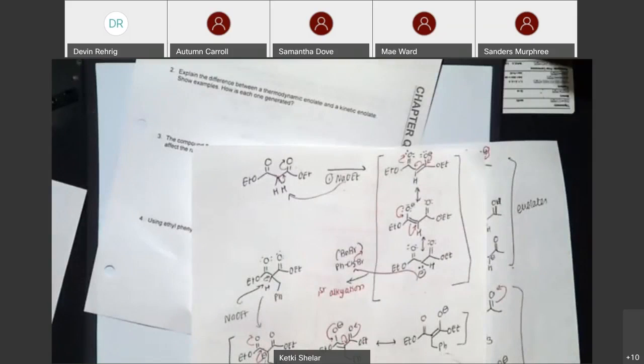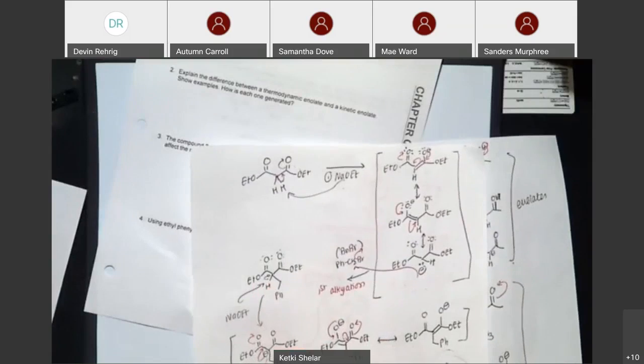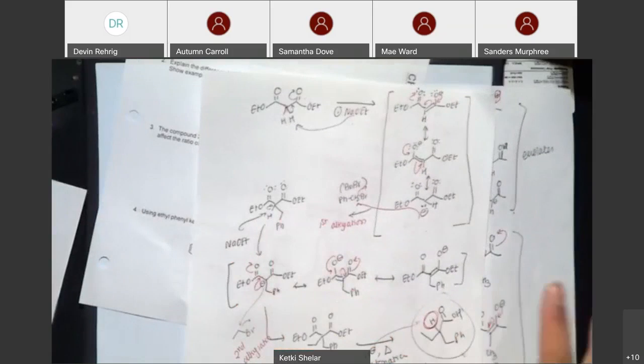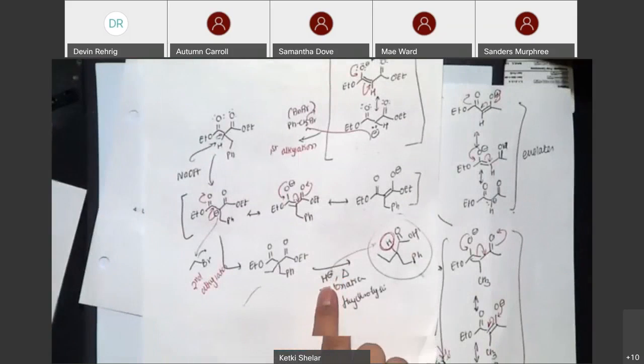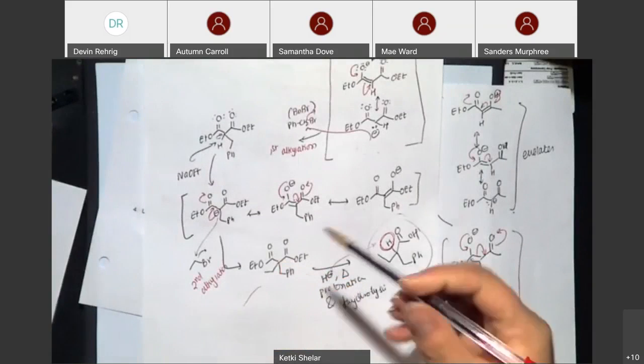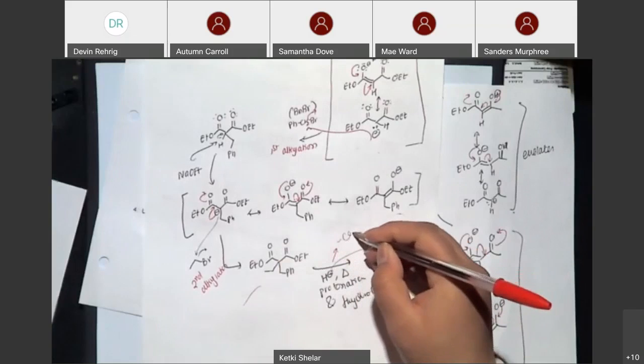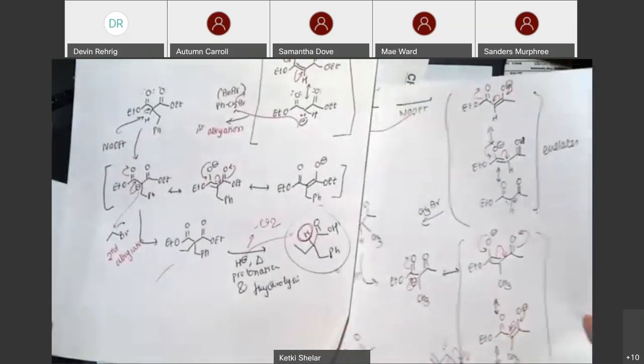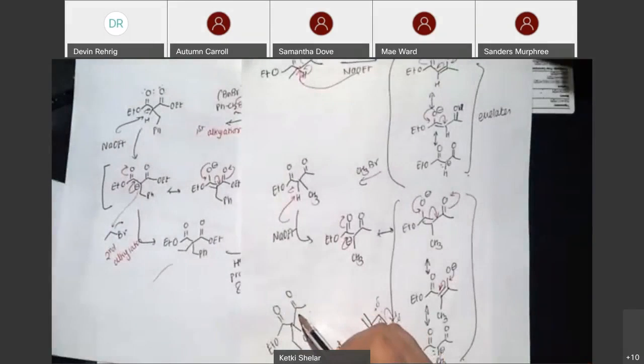And after that, if there is a second alkylation, you repeat the same steps with the second compound, and at the end, you do H plus and heat. This will react only with esters, and this will give away carbon dioxide. So whenever there is no ester, like in this case, there was no ester here, so it didn't form COOH at this side.